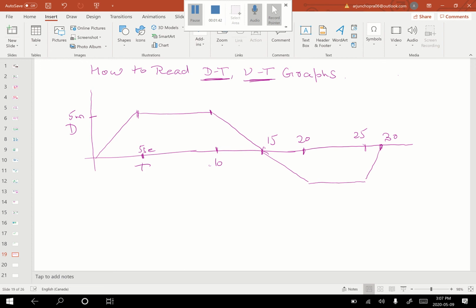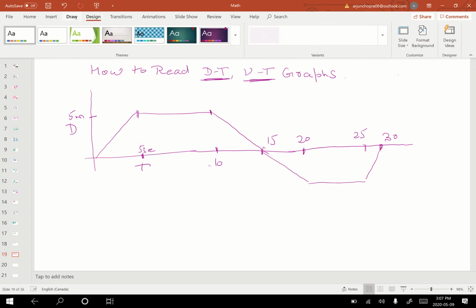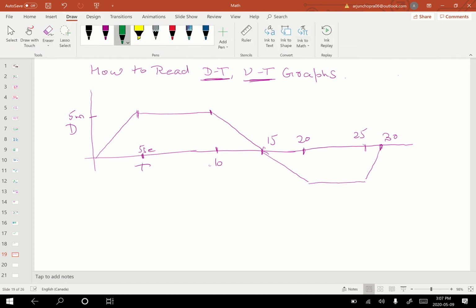Now I want to find the net displacement of the person. When you are reading the displacement time graph and want to find the net displacement, you see where that graph ends. This graph ends at this point. So what is the displacement at this point? Although the time consumed is 30 seconds, I'll look at the displacement on the y-axis.